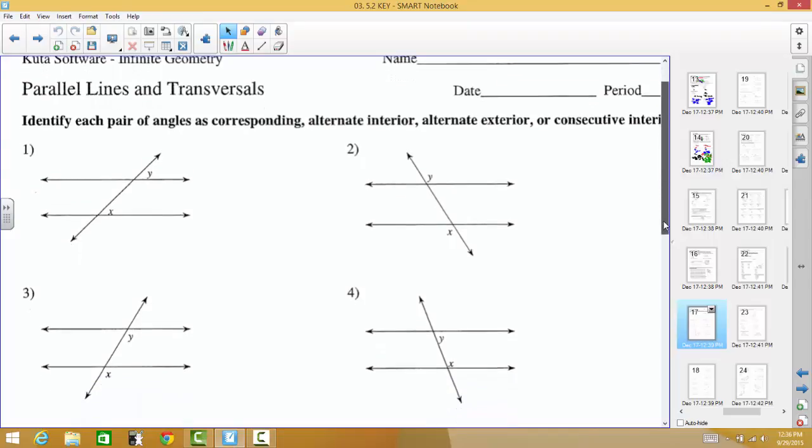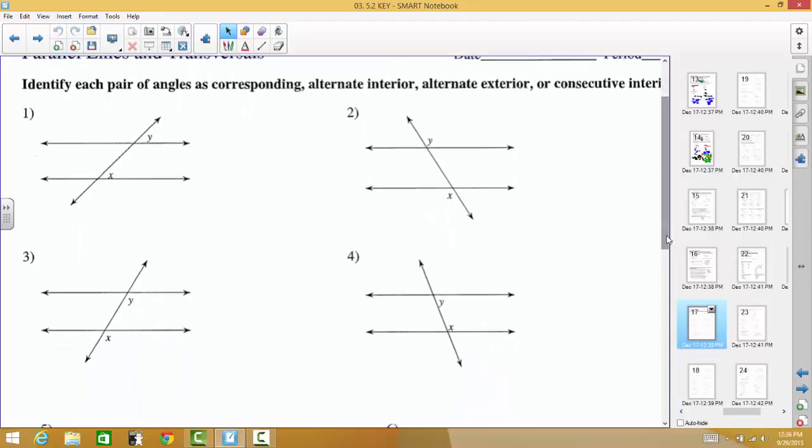As you recently learned, you have three different definitions: corresponding angles. If you have your two parallel lines, corresponding angles are like this and this, or here and here, or here and here, or here and here.